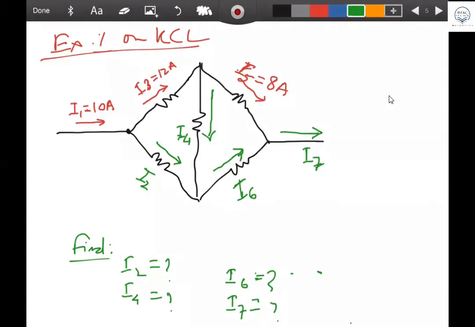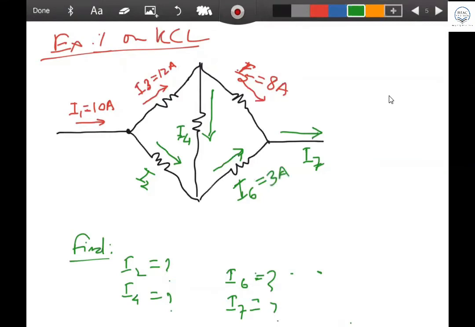Now, if your direction is correct, then you will get a positive value. The current value will be positive. If your actual, original direction is opposite, then your value will come negative. That means if the value of I6 is 3 ampere after calculation, that means your direction is okay.